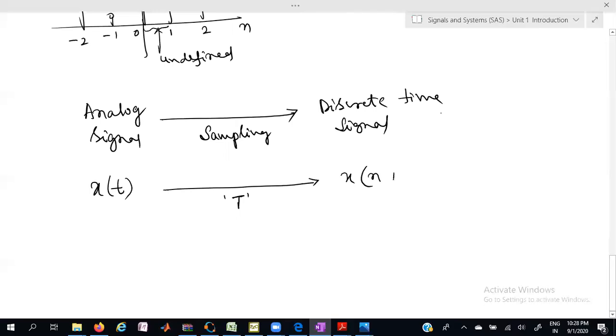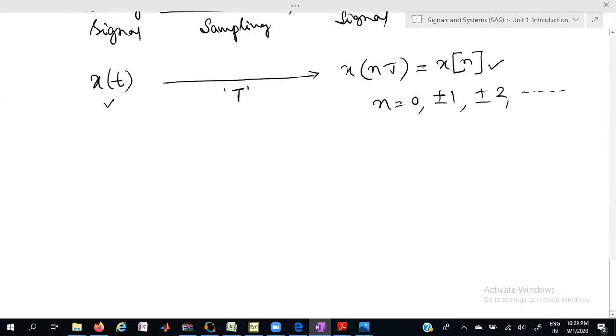The signal is represented as x of nT, and after discretization, it can be represented as x of n. Here the value of n can be 0, plus or minus 1, plus or minus 2, etc. This is how a continuous time signal can be converted into a discrete signal x of n, and the process is called sampling.